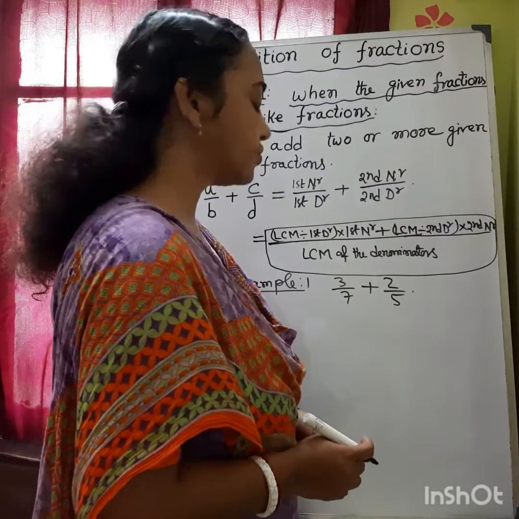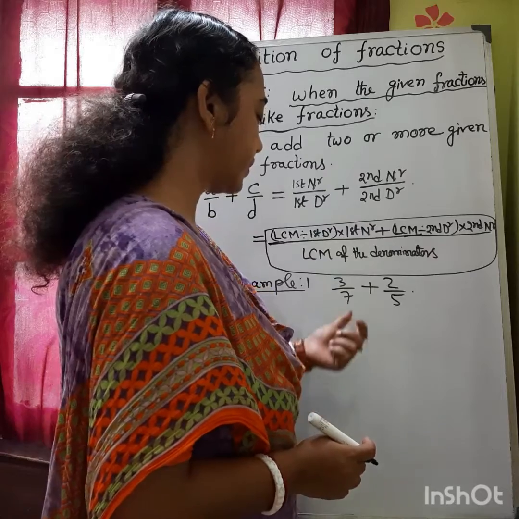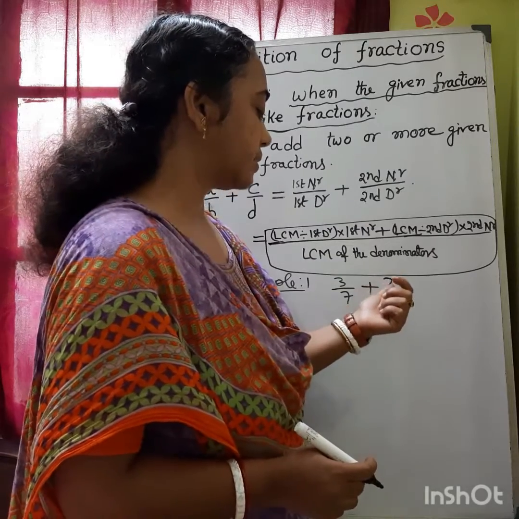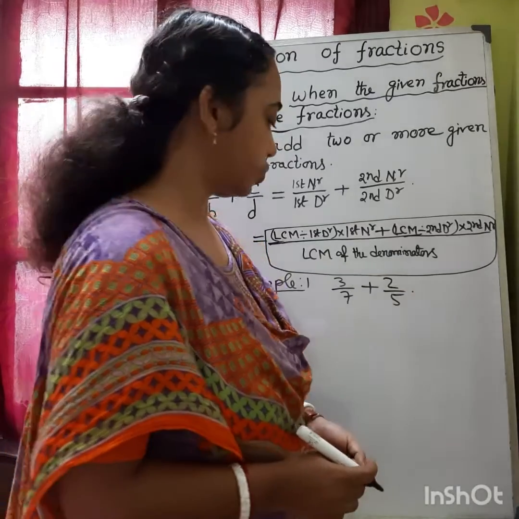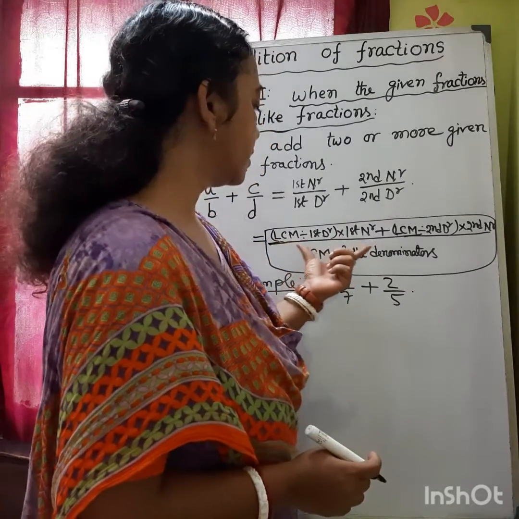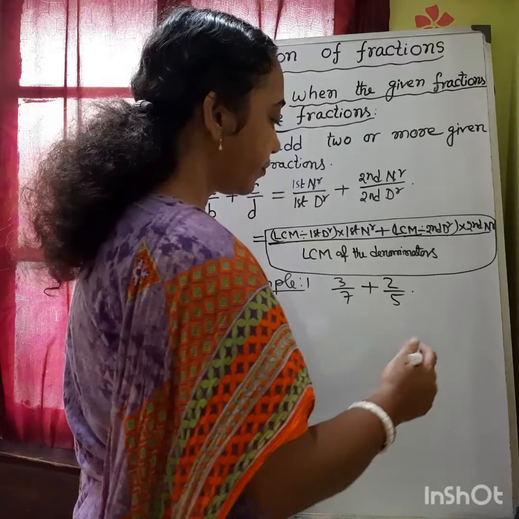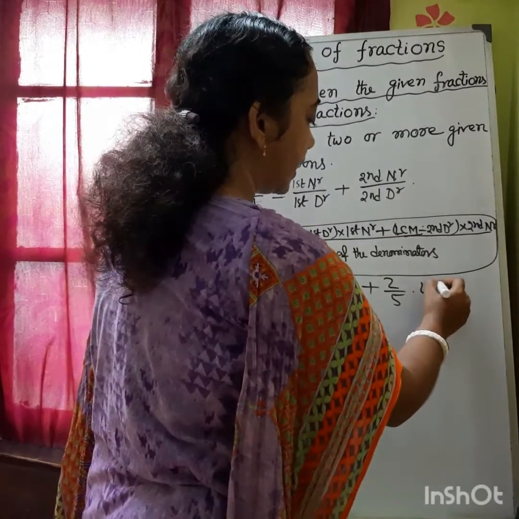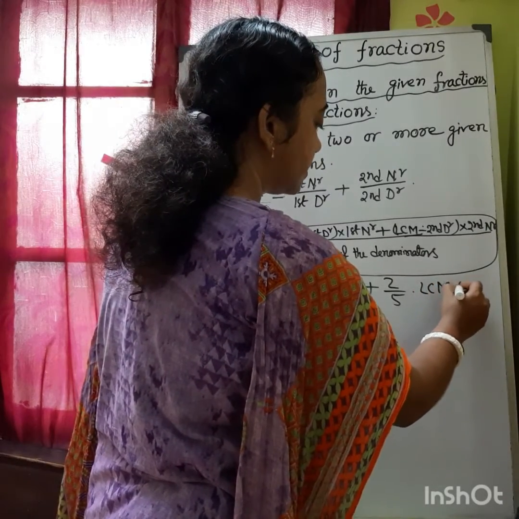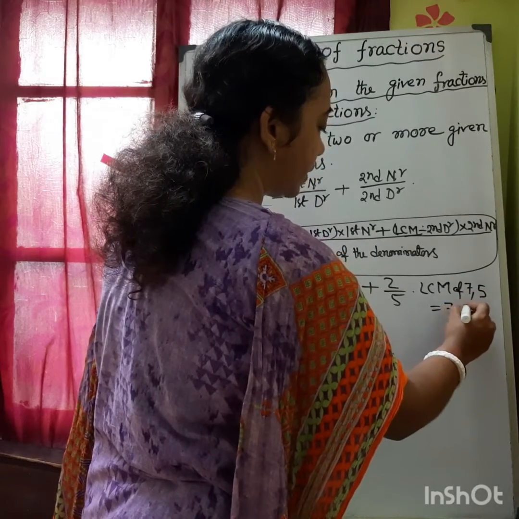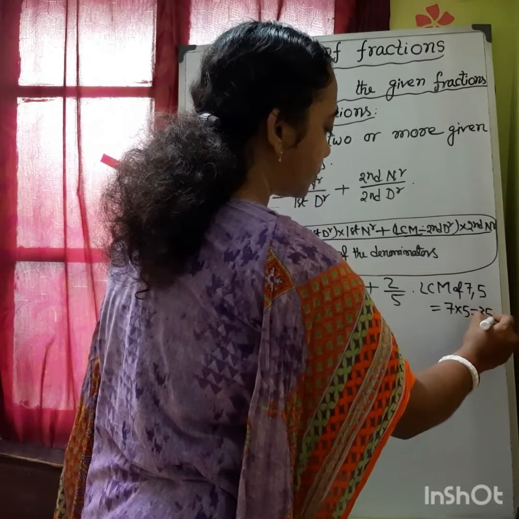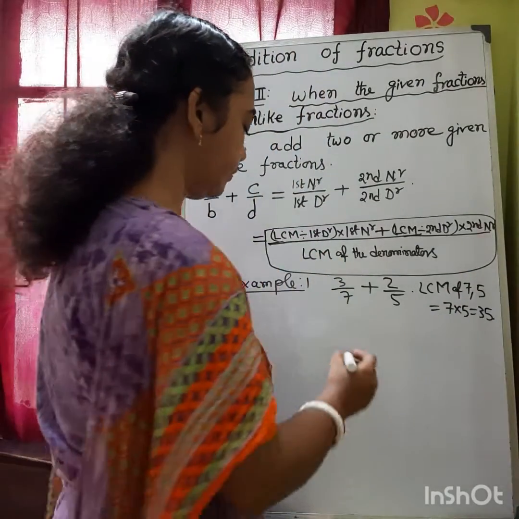In the first fraction, 3 is the first numerator and 7 is the first denominator, and in the second fraction, 2 is the second numerator and 5 is the second denominator. If we follow this rule, first we find the LCM of the denominators, that is LCM of 7 and 5. Both are prime numbers, so it is 7 multiplied by 5, equal to 35. So we get the LCM as 35.